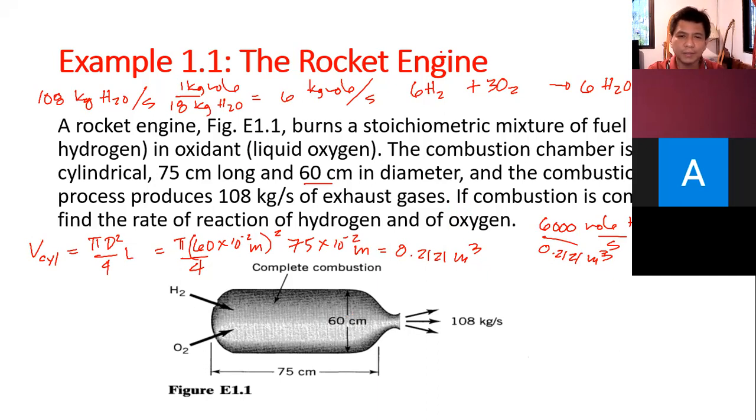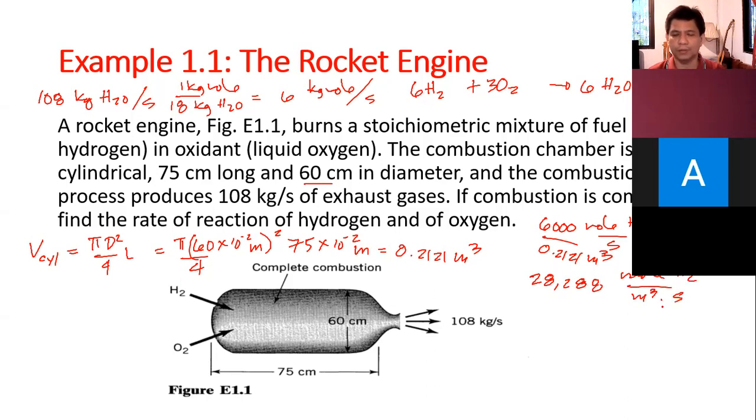Do we have the same answer? Yes, the volume is 0.212, and this will give you 28,288. So this is in mole of hydrogen per cubic meter per second.